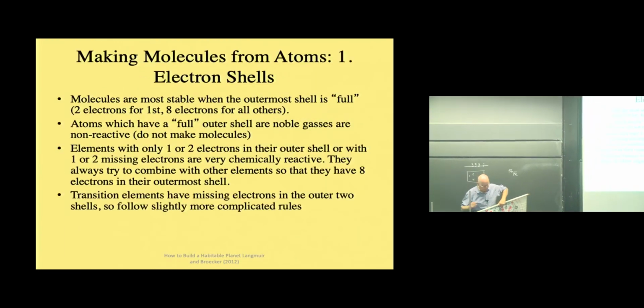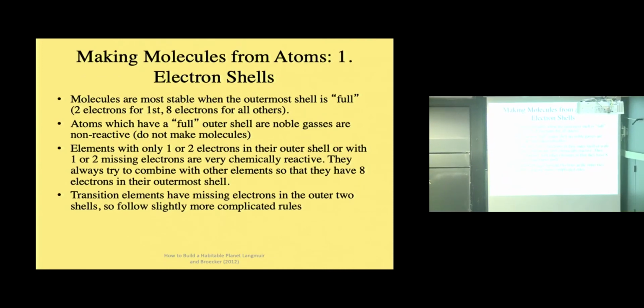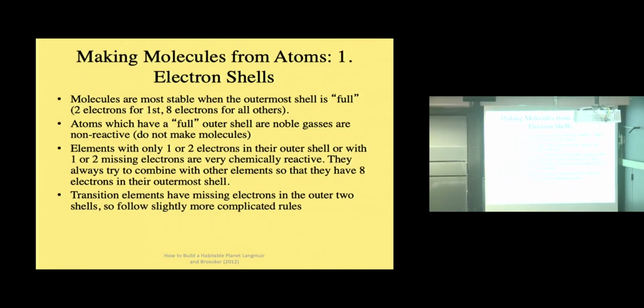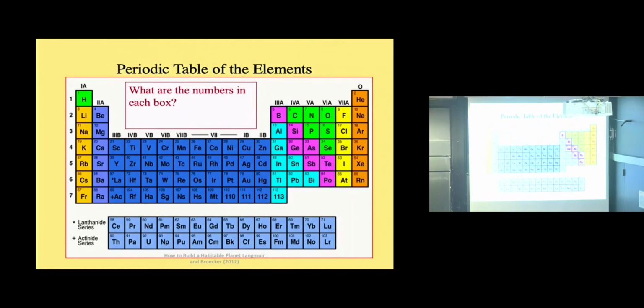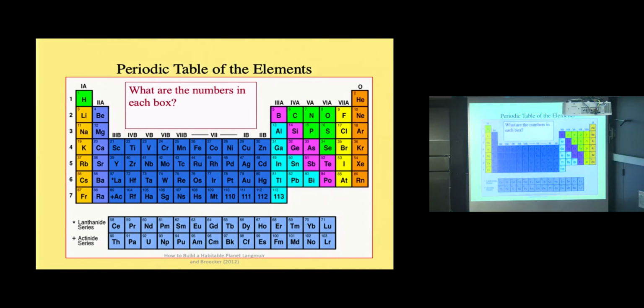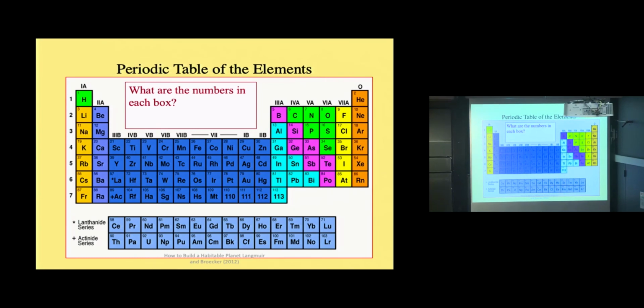Okay, so now we need to take all these atoms, and they're mostly unhappy. They're unhappy because they're incomplete. Their electron shells are partially empty, and they become happy when their electron shells become filled. And so you have a group of happy elements called the noble gases.